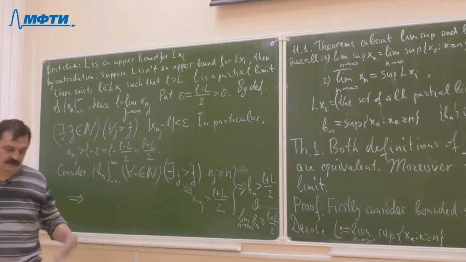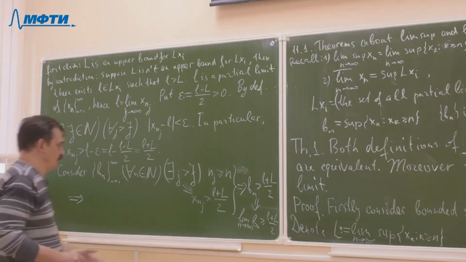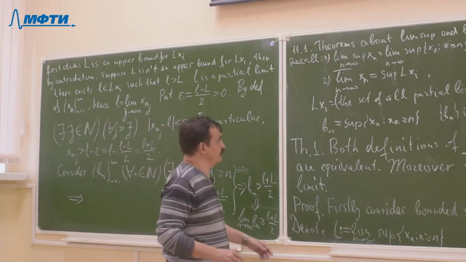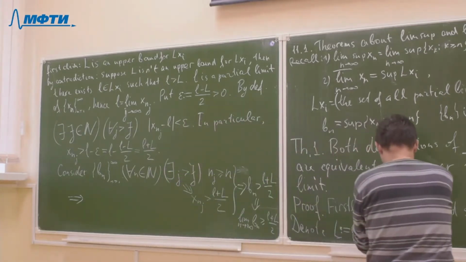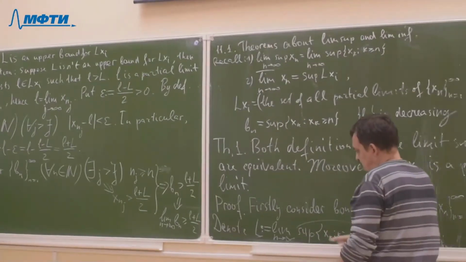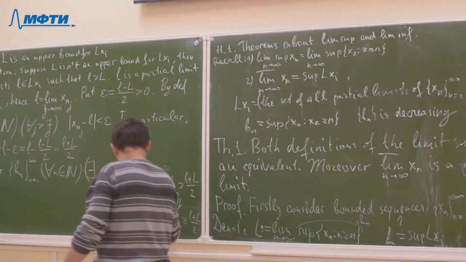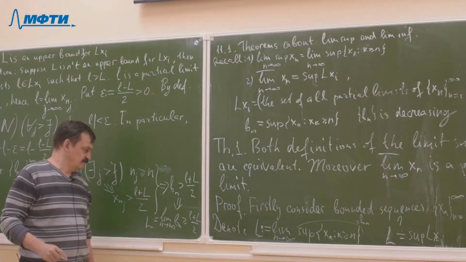So we can take a limit in an inequality. And this limit is nothing else but capital L, because that is Bn. So capital L is this one. And look at this.